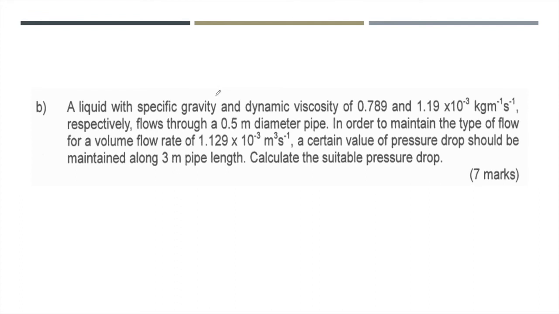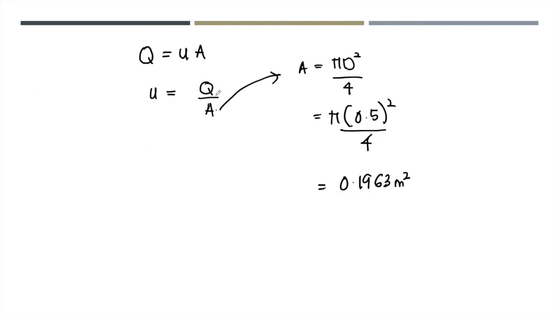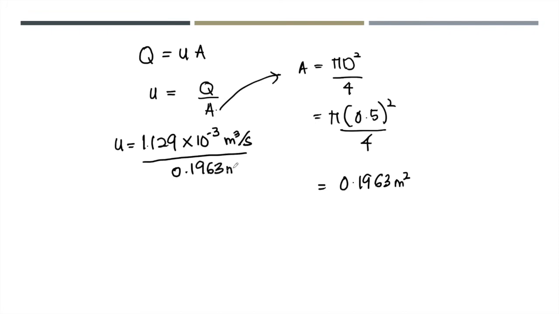If the question gives it in liter per second, we have to change it into SI unit, which is meter cube per second. Now directly substitute your values of Q and A into this equation: 1.129 times 10 to the power of minus 3 meter cube per second divided by 0.1963 meter square.